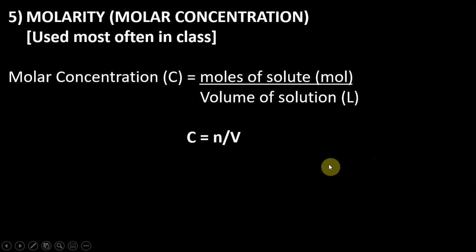You will quite often see the value also given as a capital M rather than moles per liter. Sometimes we just shorten moles per liter to a capital M, means the same thing, and you'll see that come up in various sources. So the formula for that is concentration equals number of moles n divided by V, volume.